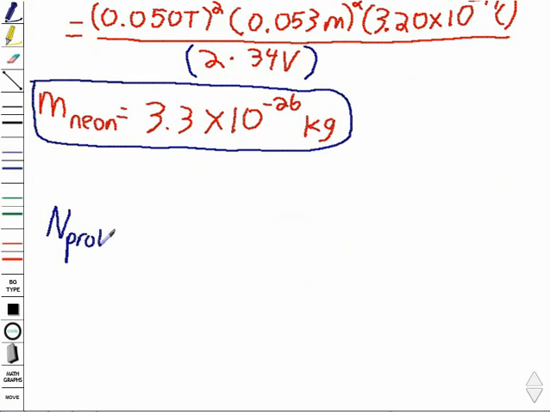That's the number of protons, N. To find this, if we know the mass of our neon, and we divide out the mass of a single proton, then we should be left with how many protons we have.